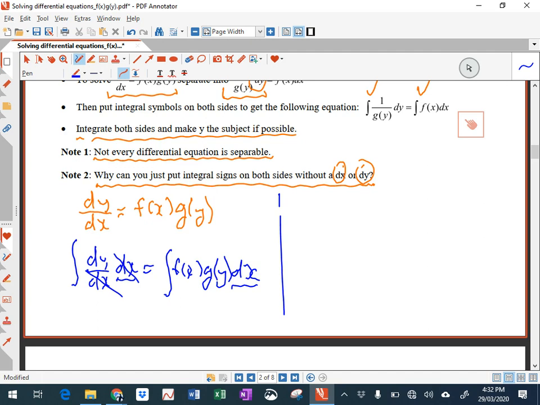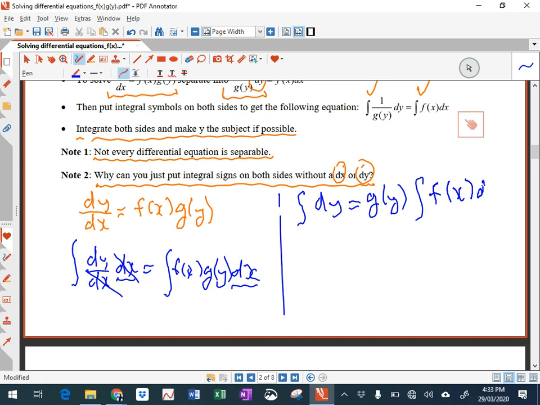So I can write this down now. The integral of dy equals, now I can take this out kind of like a constant because it's not part of the integrating with respect to x.